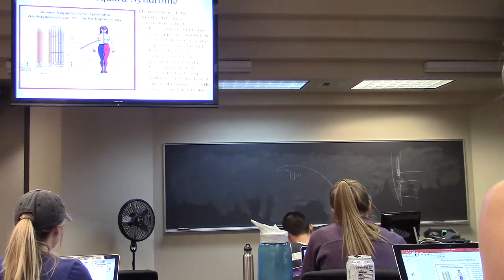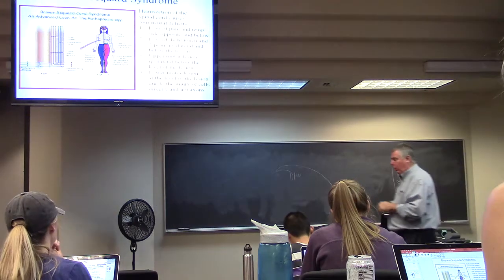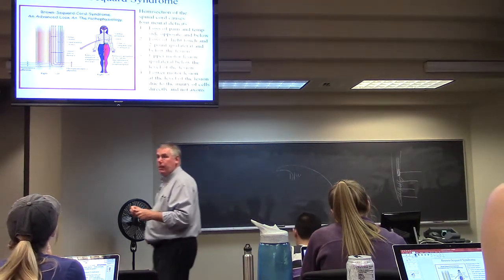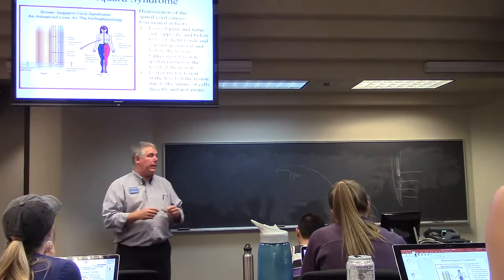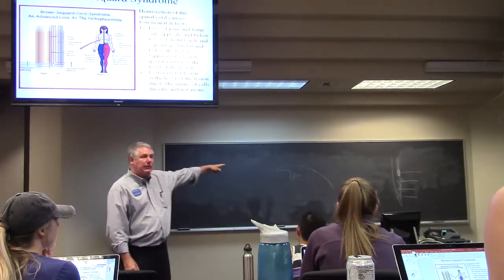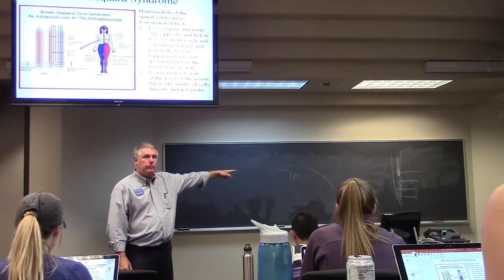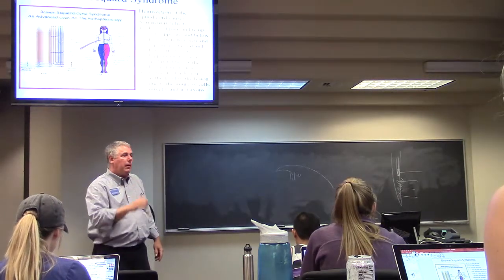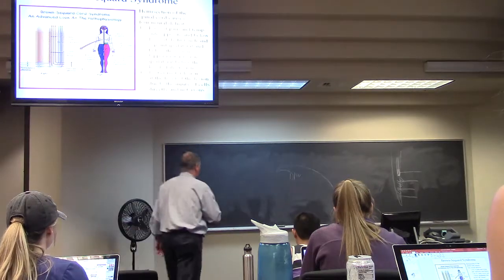I have seen it before, but it's more of a way to teach this. It's called the Brown-Séquard syndrome. Brown-Séquard syndrome is a hemisection of the spinal cord, a perfect hemisection of a section of the spinal cord.